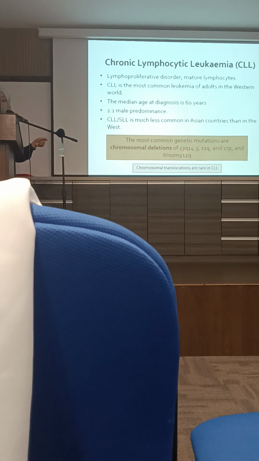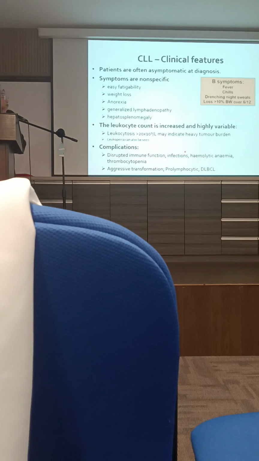Deletions are more common because there must be some event that causes it to become abnormal. So this is mainly molecular genetics, chromosomal aberrations, kickstarting the problem in the programming, causing it to become neoplastic.